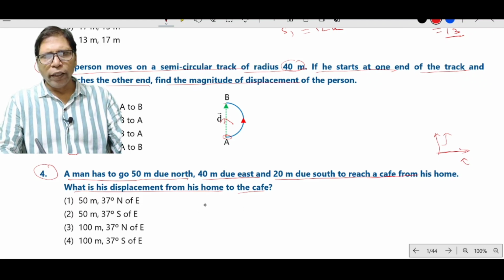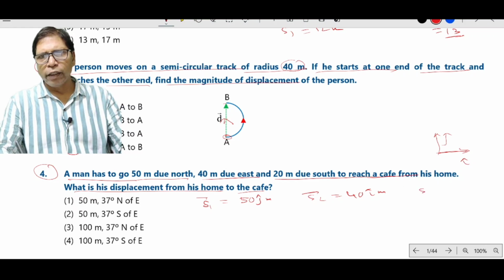So this is the S1 vector, 50 north, so 50 j cap meter. Now S2 vector is 40 east, so 40 i cap meter. And S3 vector is 20 meter due south, so this is minus 20 j cap.